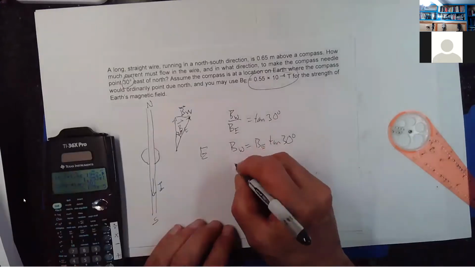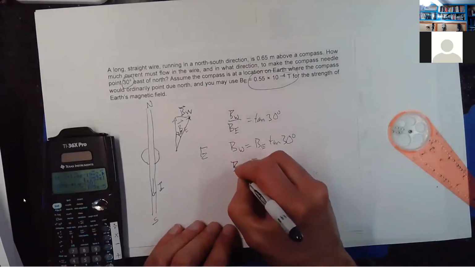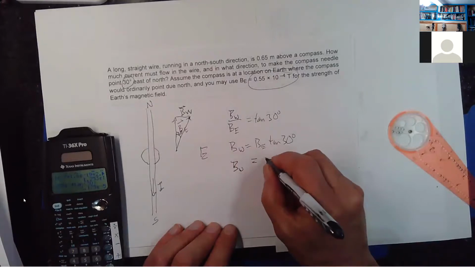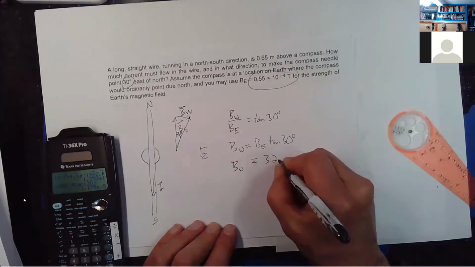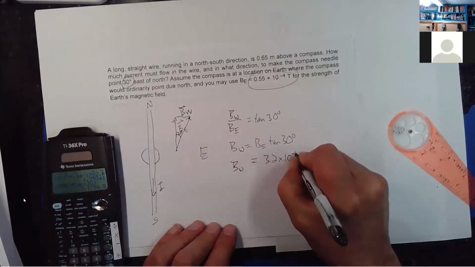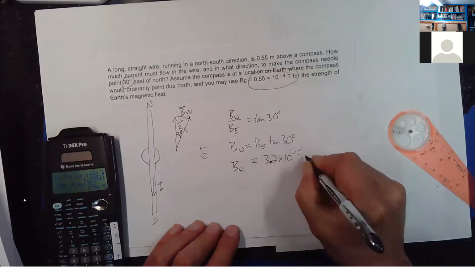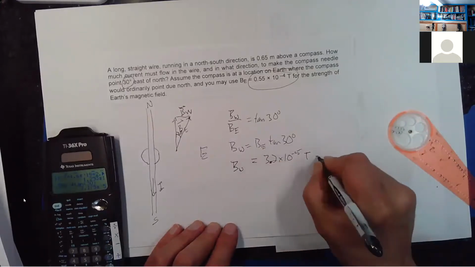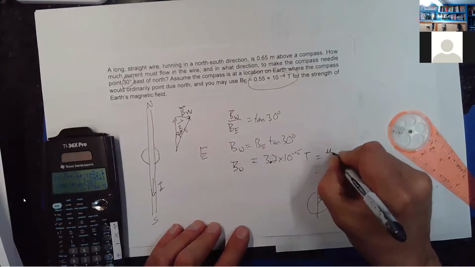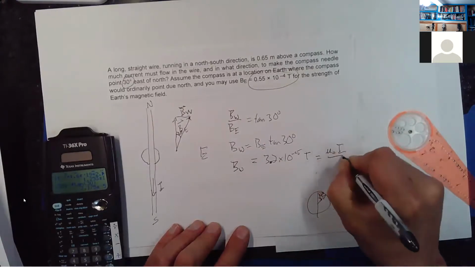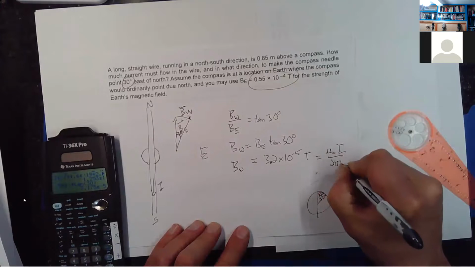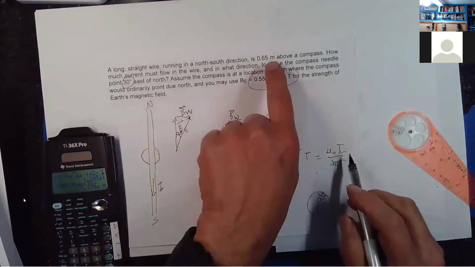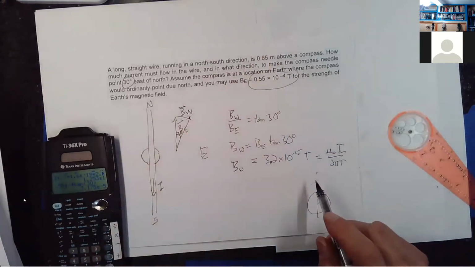And for the magnetic field of the wire, it will equal 3.2 times 10 to the minus fifth Tesla, but it will also equal mu naught I over 2 pi r, where r is that 0.65 meters.